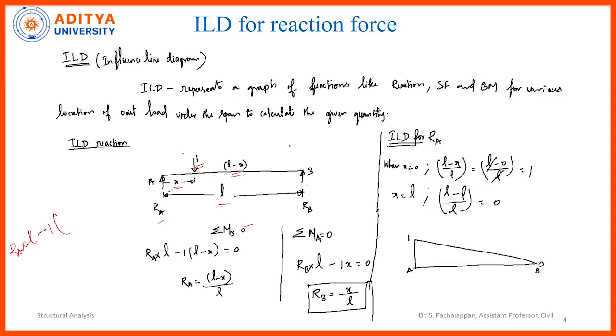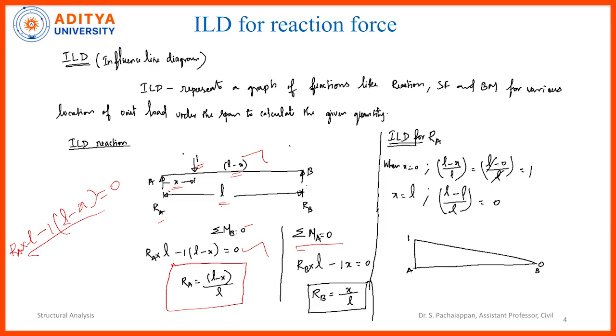Overall distance is L, and from support A to the unit force the location is x, so the remaining distance is L minus x. The moment at B is 0, so RA is equal to L minus x by L.